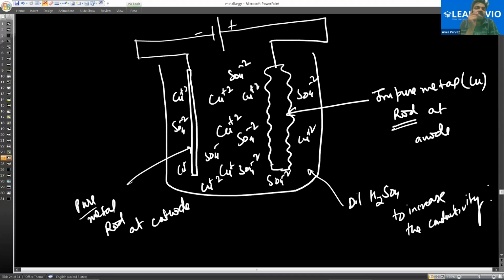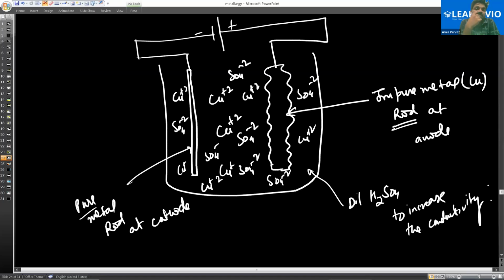Why? Imagine you have a sodium electrode in an aqueous solution of sodium sulfate. It will instantly react with the water molecule and produce hydrogen gas and will burst. Sodium, potassium, calcium are so reactive that they instantly react with water.